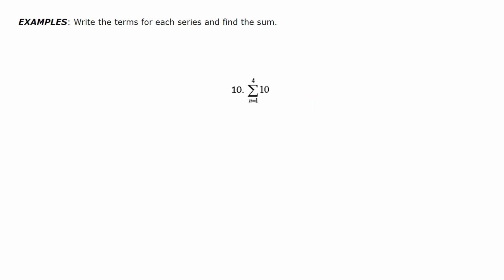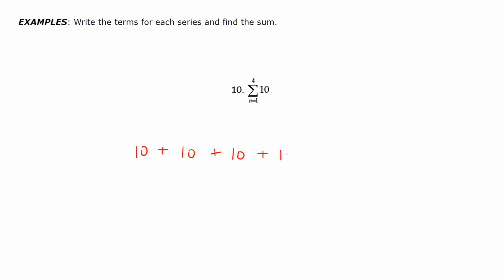Number 10, we want the summation of 10 where we start at 1 and we go all the way up to the fourth term. So the first term is going to be 10. The second term would be 10. The third term would be 10.